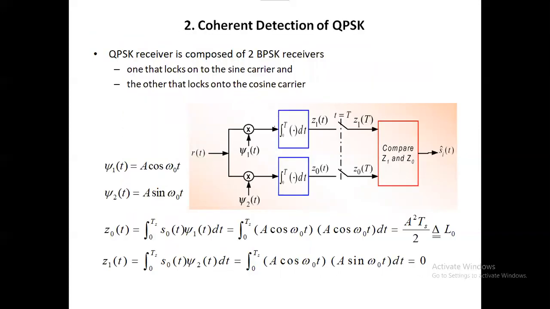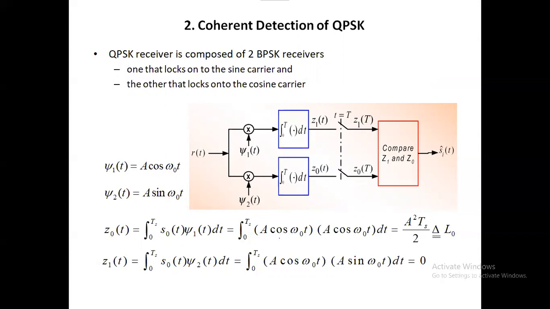So what about the coherent detection of QPSK? We have a received signal S0(t), so we received the S0 symbol from the constellation. We multiply it by both basis functions, which are root of 2 by T times A cos of omega naught t, or A sine of omega naught t.